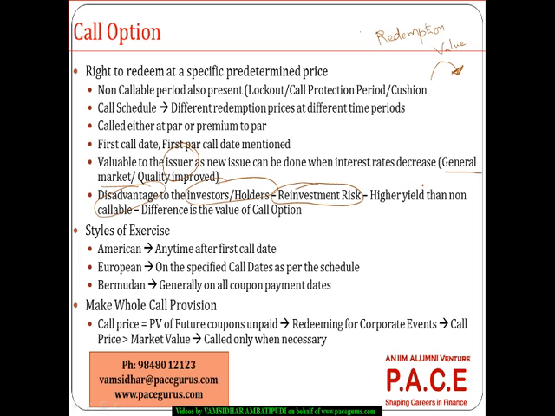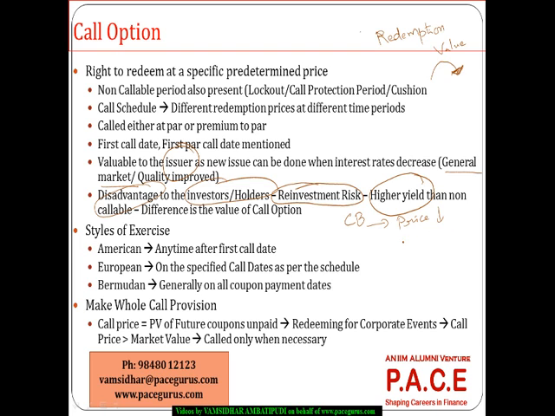So because of that high risk, there is an expectation that this callable bond should offer a higher yield than a comparable non-callable bond. All else remaining the same, the yield should be higher on a callable bond compared to that of a non-callable bond, which means the price of the callable bond should be lesser compared to the price of the non-callable bond.